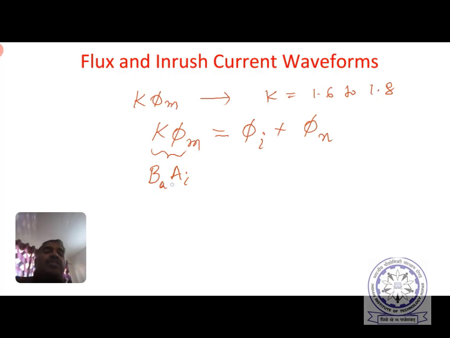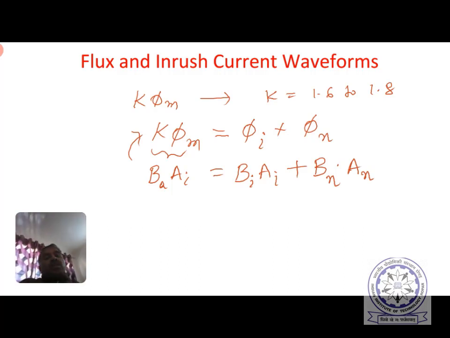So the apparent flux density into the iron cross-sectional area is the actual flux, which is equal to the core iron flux density BI into AI, plus, actually you can use BS also, the saturation flux density is the same, plus the air flux density BN into AN, the non-magnetic path flux density into the non-magnetic path cross-sectional area, some equivalent value.